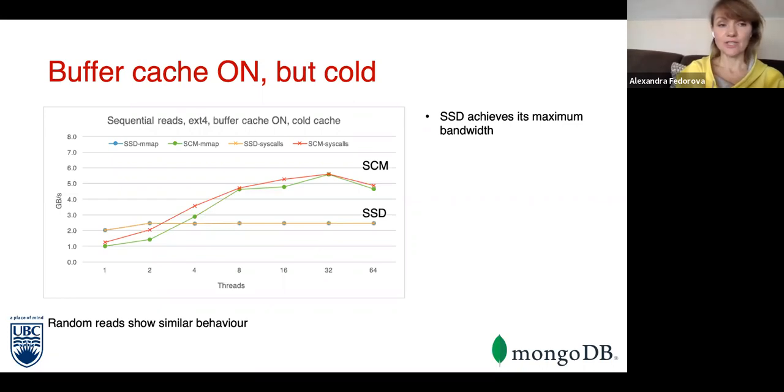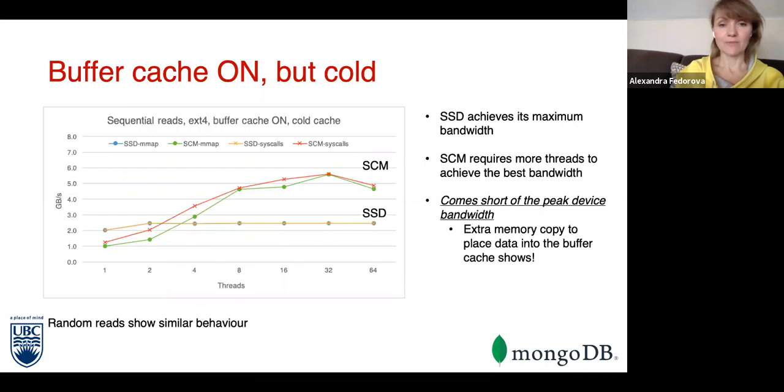But storage class memory achieves slightly less than the maximum bandwidth that it can. The peak device bandwidth was roughly 6.6 here, we're under 6 gigabytes per second, and it takes more threads to get to that peak bandwidth.